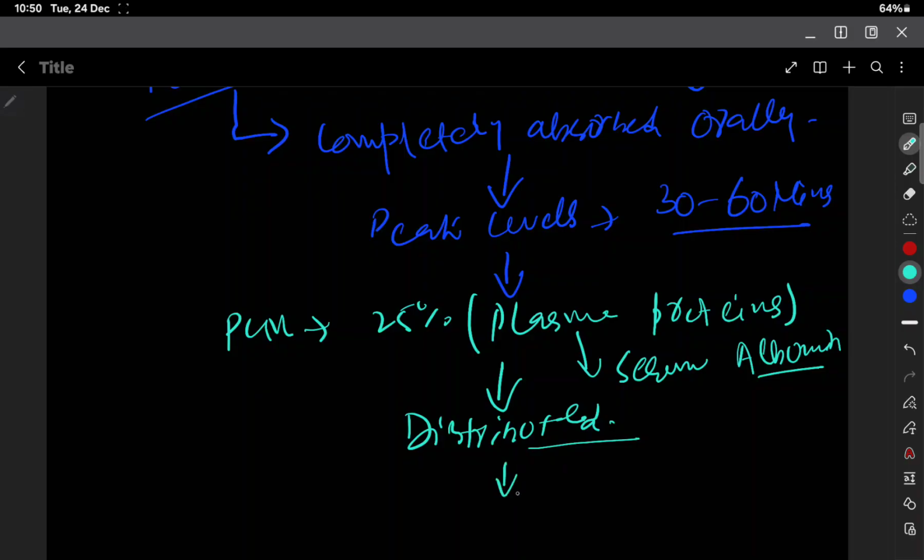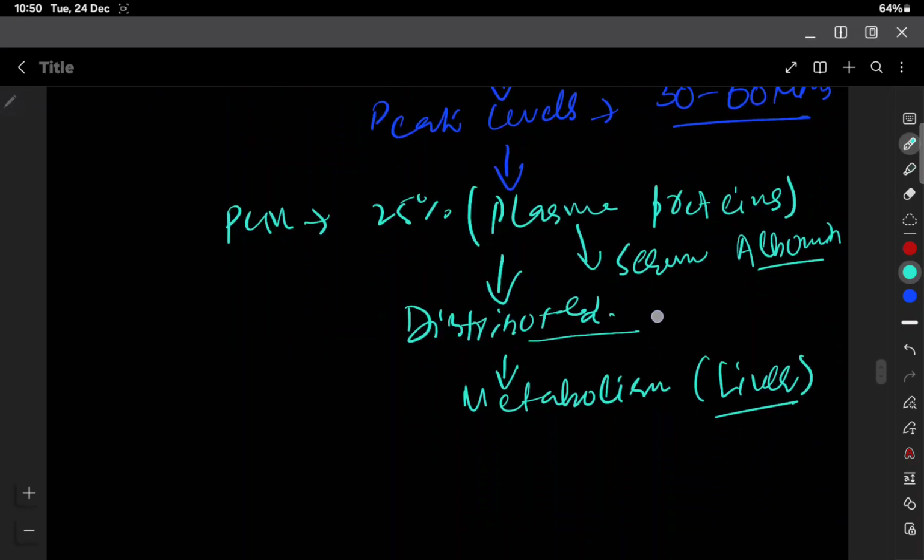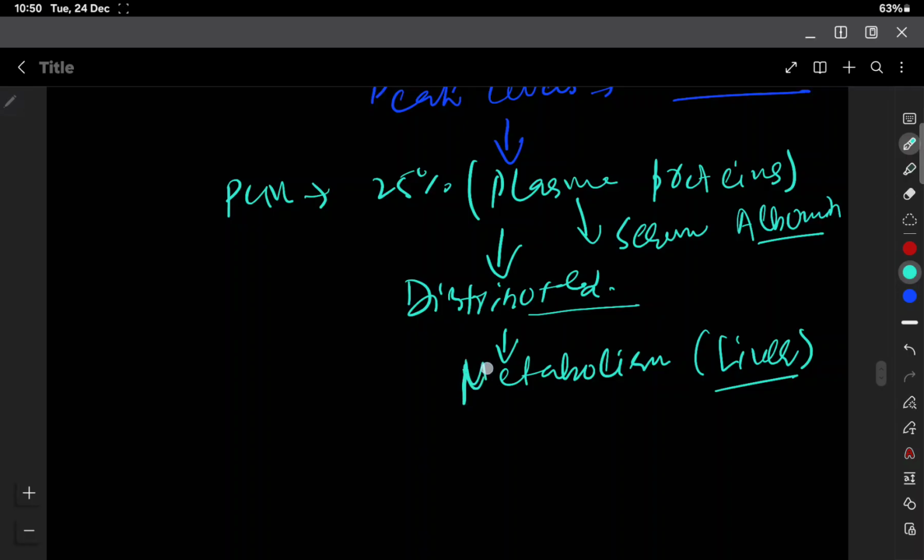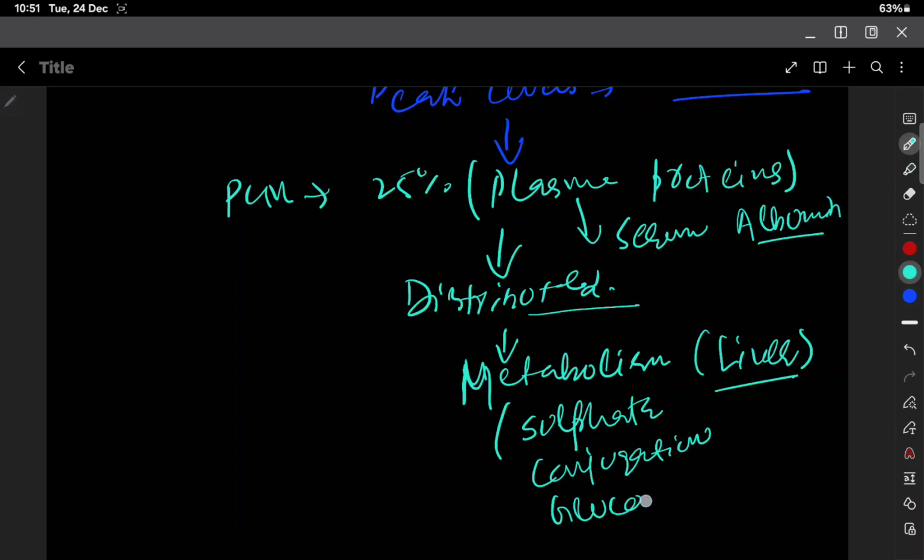Then there will be metabolism. Metabolism will occur in the liver. You might have heard, we must not take too much paracetamol because it affects the liver, because metabolism occurs in the liver. Metabolism will occur by various reactions. There are first phase, second phase reactions. Generally the metabolism occurs by sulfate conjugation or glucuronide conjugation.